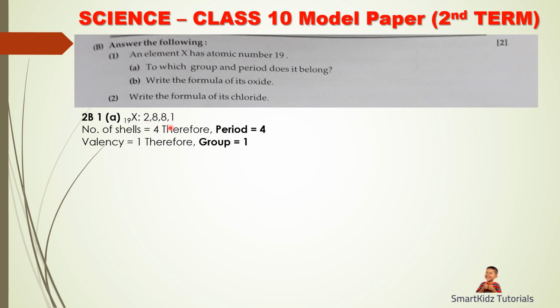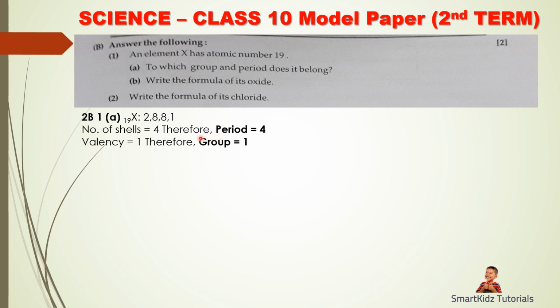So because there are 4 shells, we can say that the period it belongs to is 4. If you look at the modern periodic table, you have horizontal periods and vertical groups. In the horizontal periods, each period means 1 shell. As you move down, the second period means there are 2 shells, third period means there are 3 shells, fourth period means there are 4 shells.